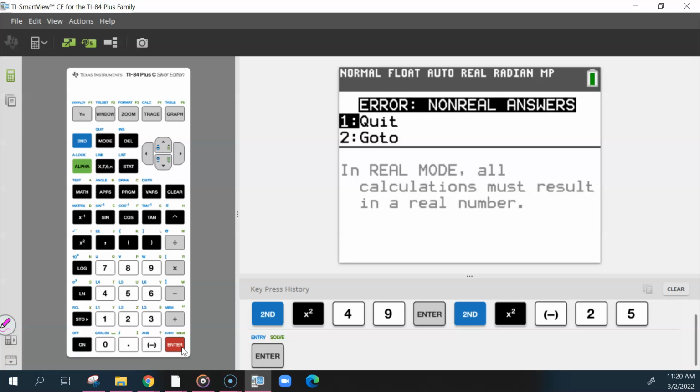You're supposed to get an error. We cannot take the square root of a negative number. There'll be something in a later class where you can take those and do something with them, but not now.